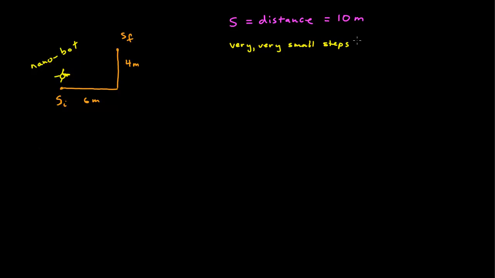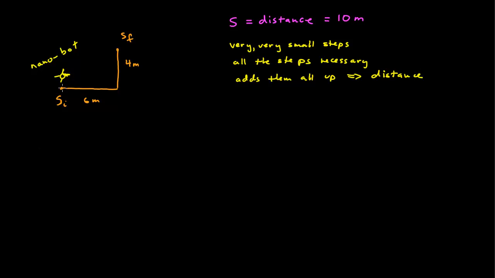Each step is a straight line, but he knows exactly how far each step is, keeps track of all the steps necessary to go the entire path, and then adds them all up to get the distance.